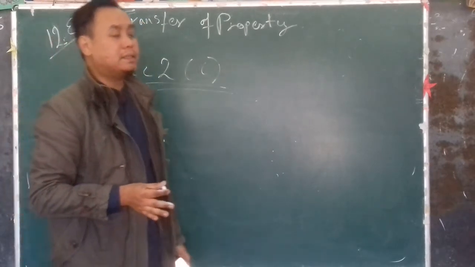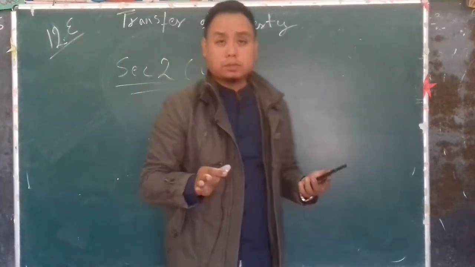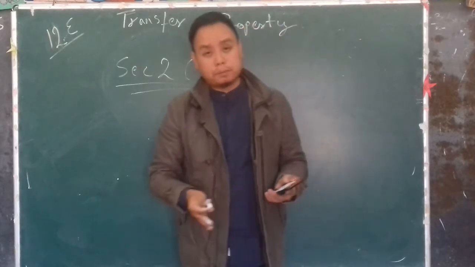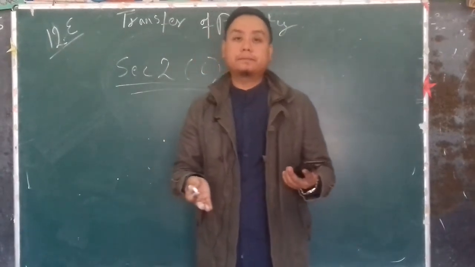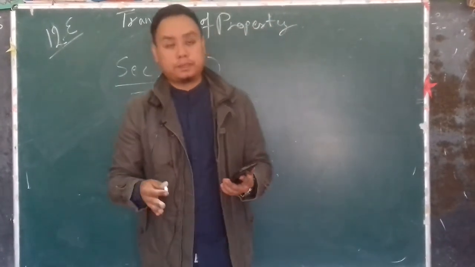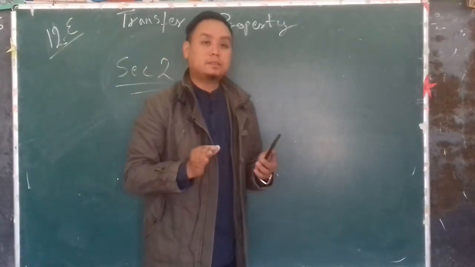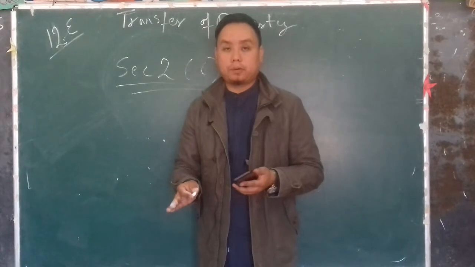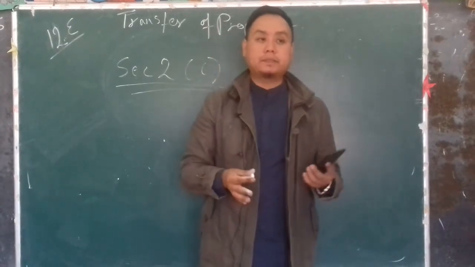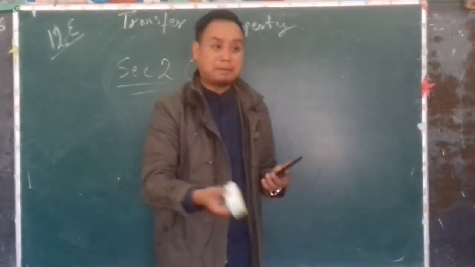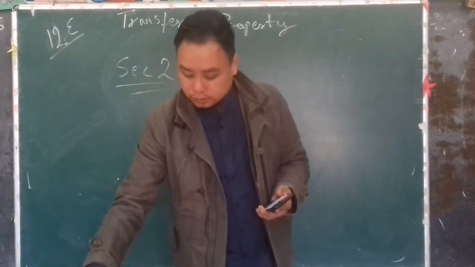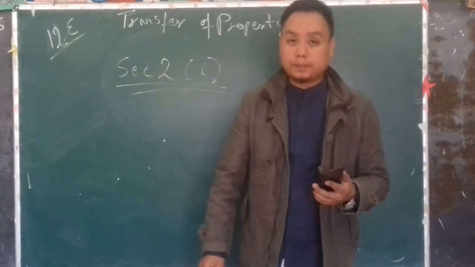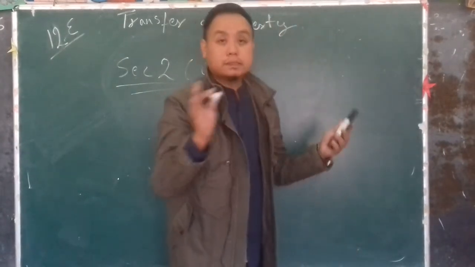So property means anything which a man owns, whether it's movable property or immovable property. Movable property, as we have already studied in class 11, what are the movable properties and immovable properties, isn't it? Movable properties are, for example, this duster can be moved from this place to another one, so this is a movable property. Now immovable property, this school building.